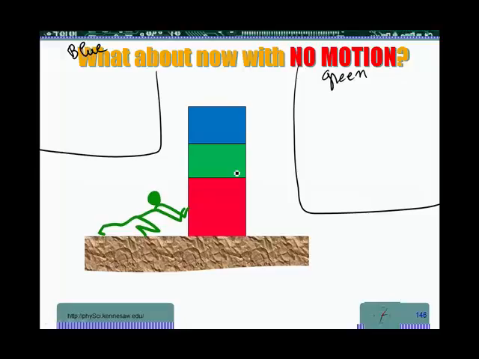We discussed the vertical forces, so I'm going to quickly just draw them. F Earth on red, and then we have F green on red, and then I have F floor on red.